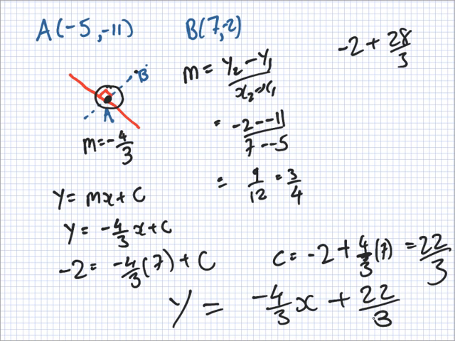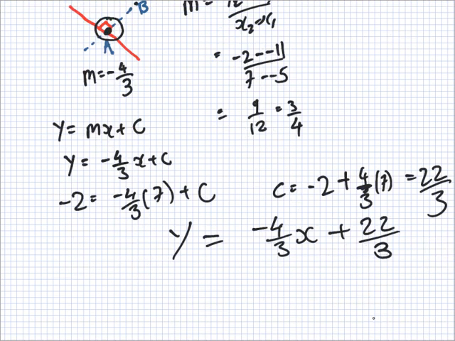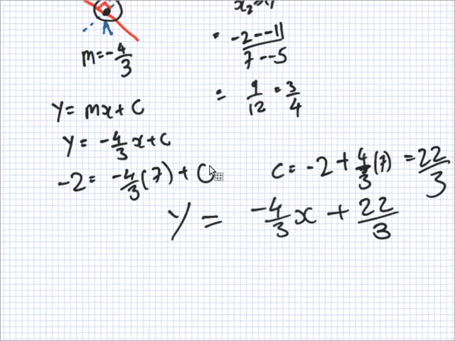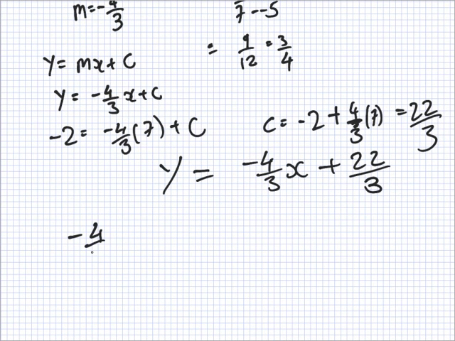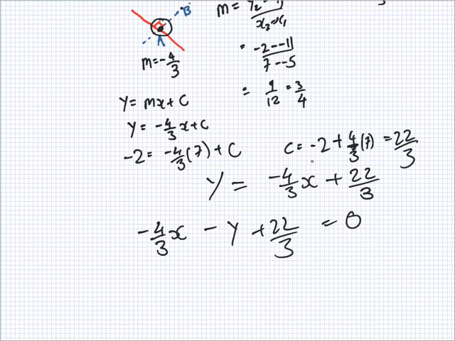But I'm not finished. Why not? Something in the question here makes me not finished. Yeah, we have to write it a certain way, don't we? So what will I do to achieve that now? I should put everything to one side. Yeah, okay. So I have -4 over 3 x minus y plus 22 over 3 equals 0. But now, what's next?